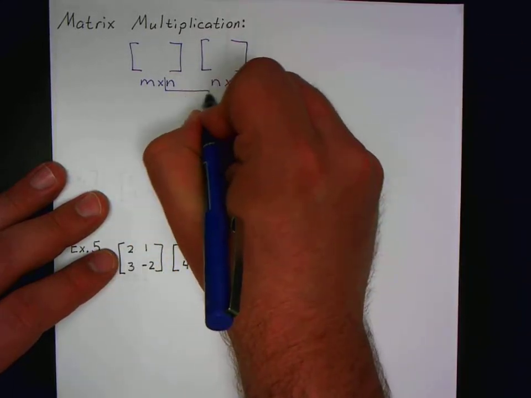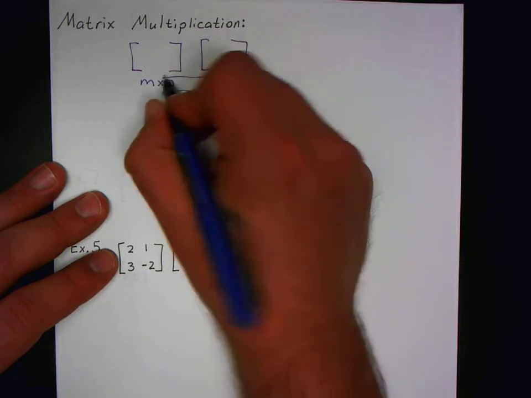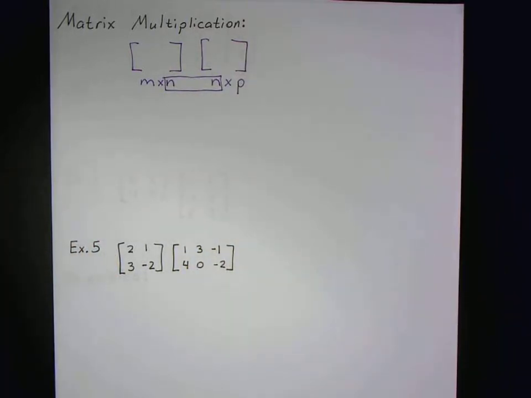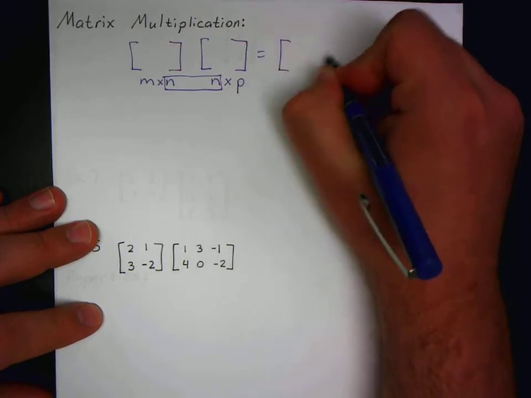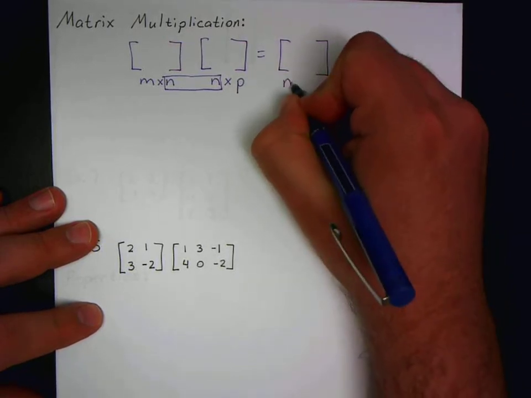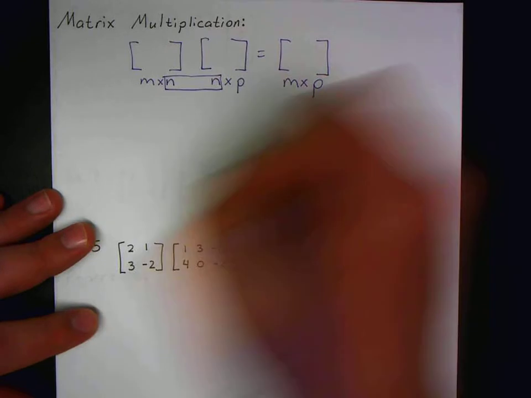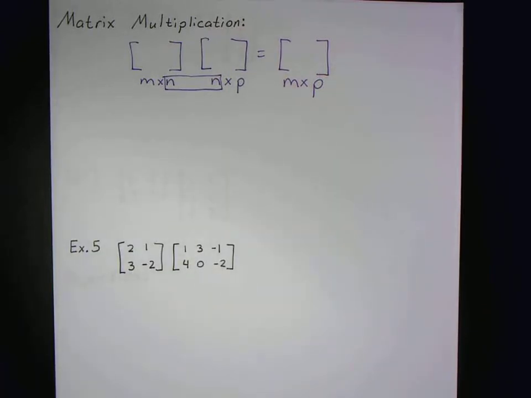These two numbers in the middle have to match as far as the sides. So the number of columns of the first matrix has to match the number of rows of the second matrix. The size of your answer is going to be the number of rows of the first matrix times the number of columns of the second matrix.